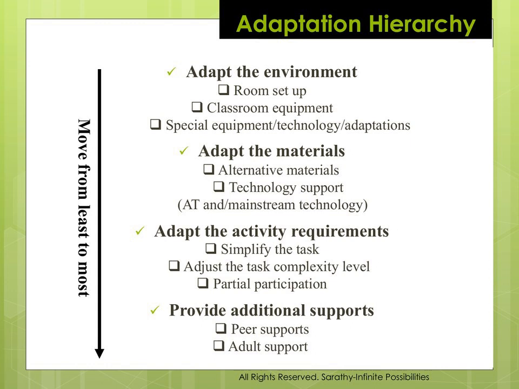If he is not able to look down at something, can we place the book on a slant board? Can we place objects on a mini whiteboard that the student can use? Can we use some special technology, special adaptation? Can we adapt the materials, which we briefly talked about? Can we use PowerPoint presentations? Can we use technology support?